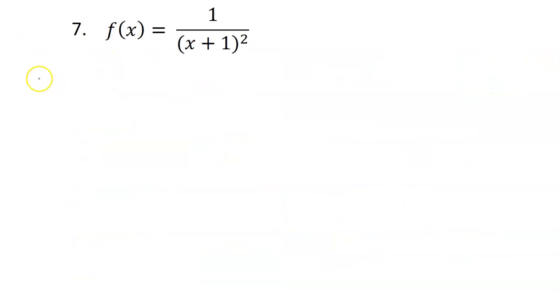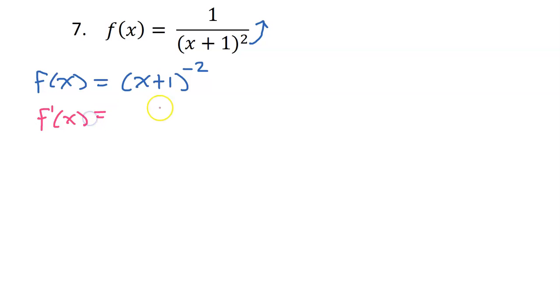Before we find the derivative for number 7, let's rewrite the function a little bit. Let's bring this out of the denominator by writing it as x plus 1 to the -2 power. Now, let's find the derivative using the chain rule. So first we take the derivative of the outer function.